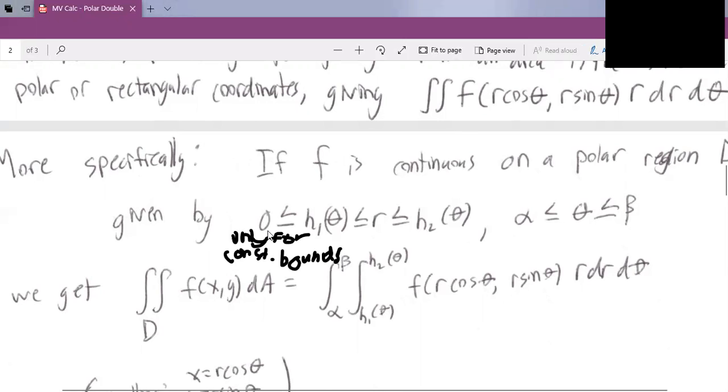But this 0 here is only necessary for constant bounds. If your boundaries are functional, then it doesn't have to be there. You can get away without that 0, but it does make things more convenient. So if things can be positive, they should be positive.